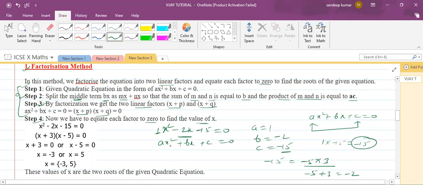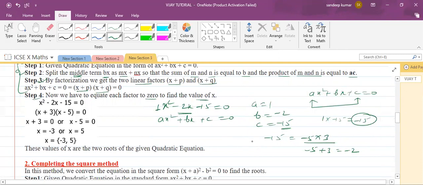So you can see clearly that we can write here x square minus 5x plus 3x minus 15 is equal to 0. Now you can see what is common here: x is common, so you can write x minus 5.